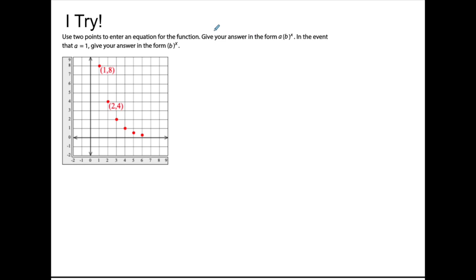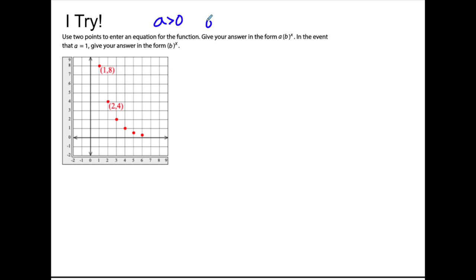Well, here, what I know is generally, when a is a positive number, the function is above the asymptote. And when a is a negative number, it's generally below the asymptote. So here, I'm going to expect my a to be positive. And also what I notice is that the numbers are getting closer to 0.